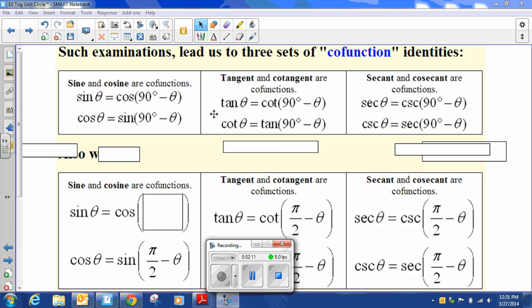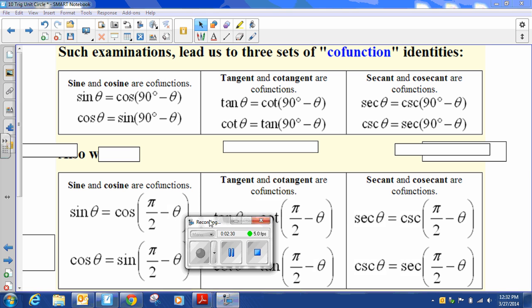Now I want you to recognize that 90 degrees minus theta can also be expressed in radians. And if you remember, 90 degrees is pi over 2 radians minus theta. So that's why you can write the same identities in terms of radians.